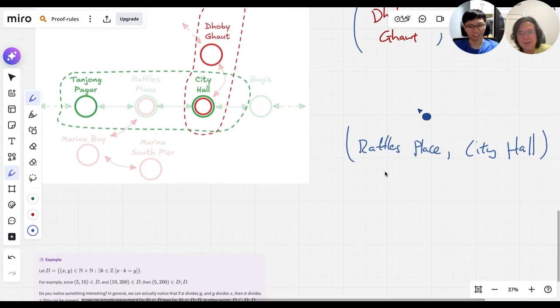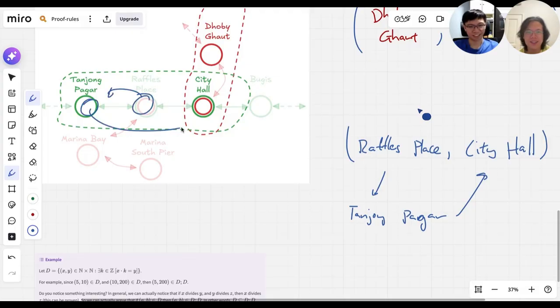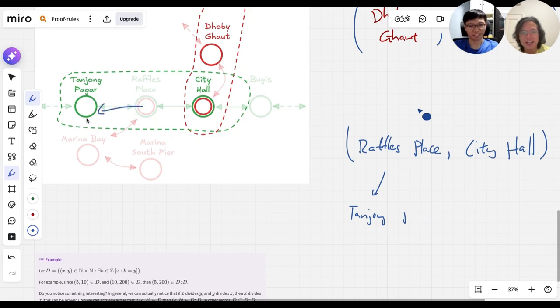We could have gone from Raffles Place to Tanjong Pagar, and then from Tanjong Pagar to City Hall, right? Technically allowed? Oh wait, we can't do that. That was a mistake.